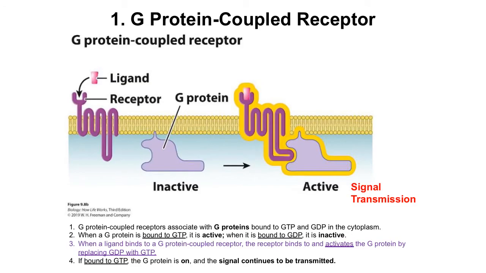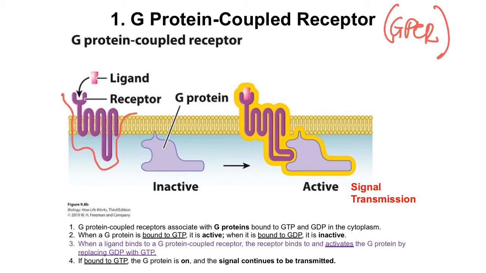So let's look at G protein coupled receptors, sometimes simply called GPCR. You will find this in the literature in the short form. GPCR stands for G protein coupled receptors.